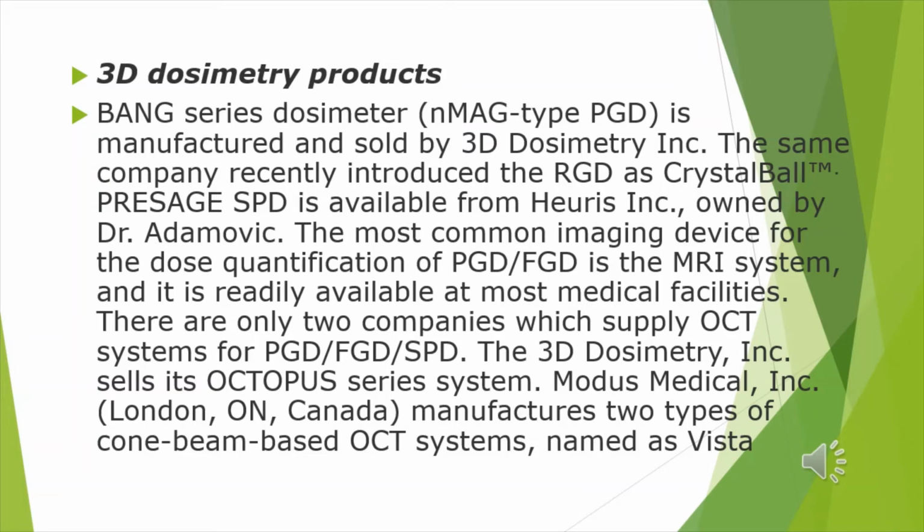The most common imaging device for the dose quantification of PGD and FGD is the MRI system, magnetic resonance imaging, and it is readily available at most facilities. But there are just two companies which supply OCT systems for PGD, FGD, and SPD.